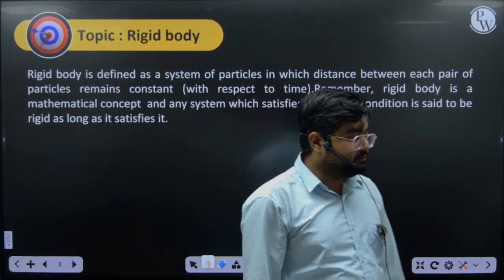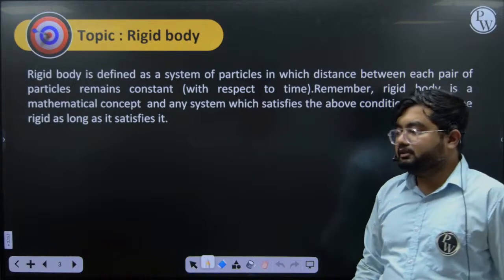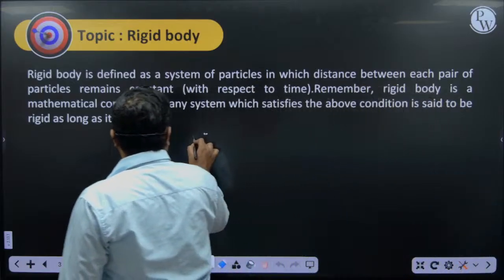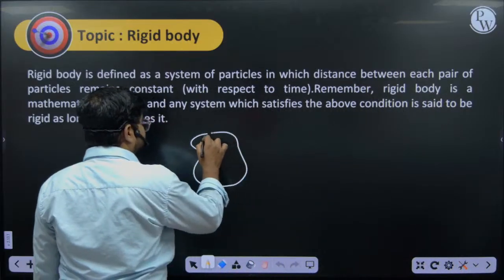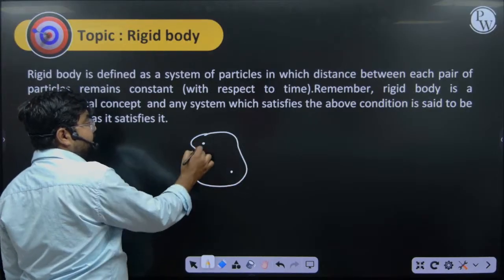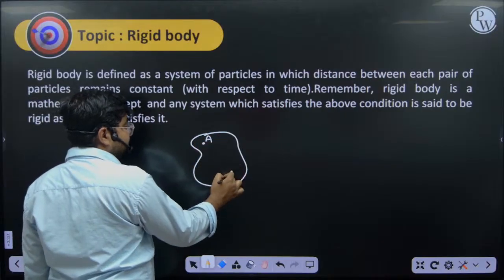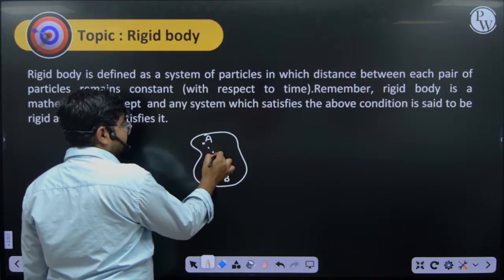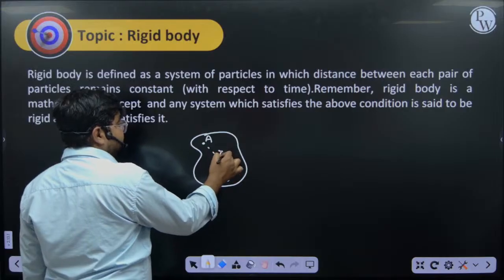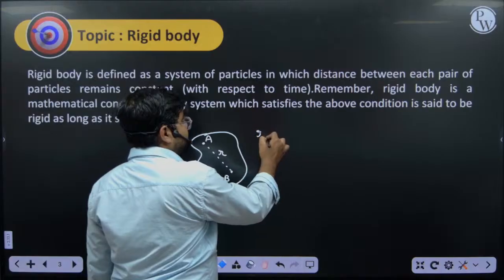So let us begin by understanding what is a rigid body. A rigid body is any body whose distance between any two points should remain fixed. Suppose this is point A in the body, this is point B in the body. The distance between them should remain constant. It should not change.